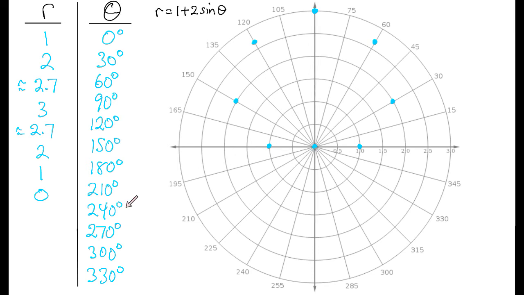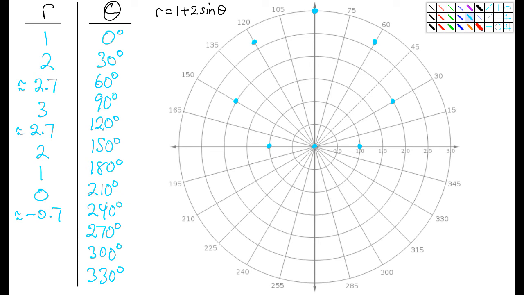Next. Okay, when theta is 240, sine of 240, well, that has a reference angle of 60 degrees, but it's in the third quadrant. So I get minus root 3 over 2. That's what sine of 240 is. So if I go up here, I get 1 minus root 3, which is about 1 minus 1.7. So I get approximately minus 0.7.